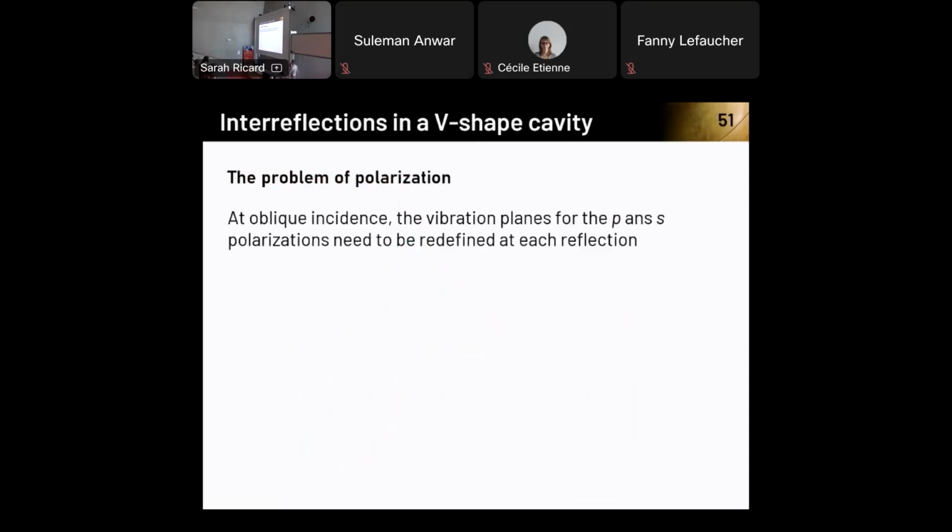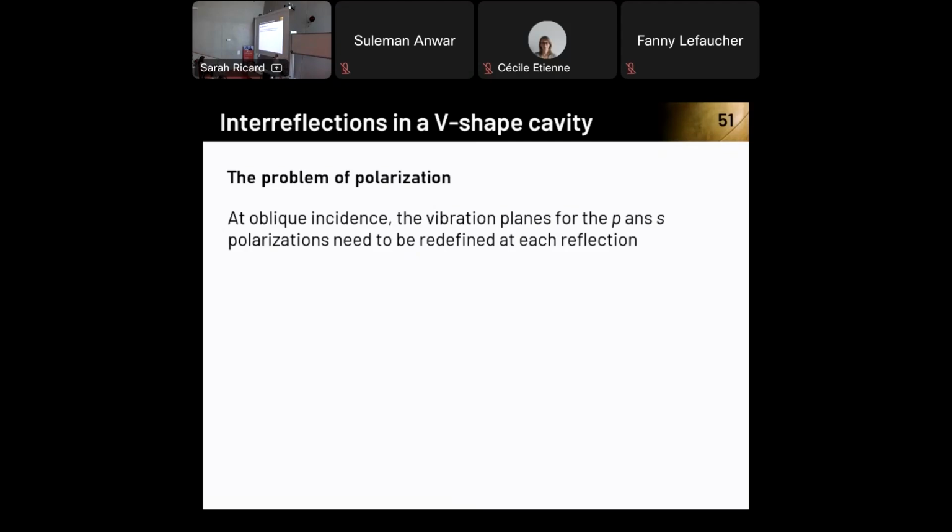Problem of polarization is that, well, as Lionel said, we can choose the direction, the P and S direction, according to the orientation of the ray. So a ray that is reflected like that, we have the wave, the component that oscillates like that.